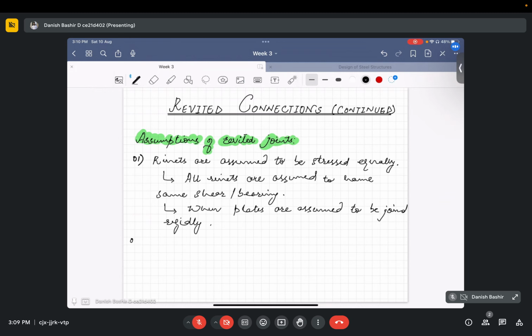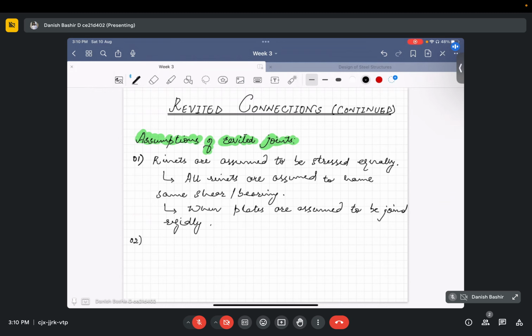The second important assumption is that when we drive a rivet into a hole, the rivet hole is assumed to be filled completely by the rivet. This assumption is true in the case of cold driven rivets, but in the case of hot driven rivets it is not true, as the rivets shrink diametrically on cooling.